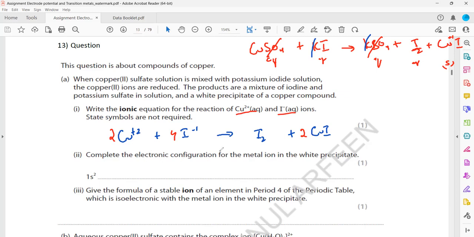Then write the electronic configuration for the metal ion in the white precipitate. So in the white precipitate, we want to write it for copper.